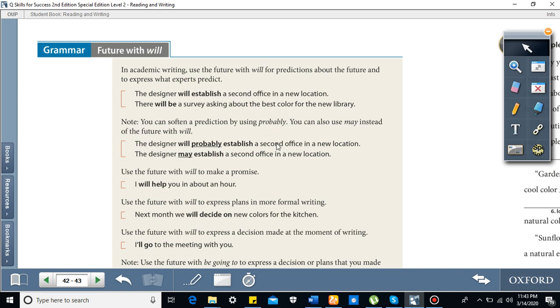Now look here. There are certain ideas that you can use will for. For example, when you're making a prediction. We can safely use it for predictions.